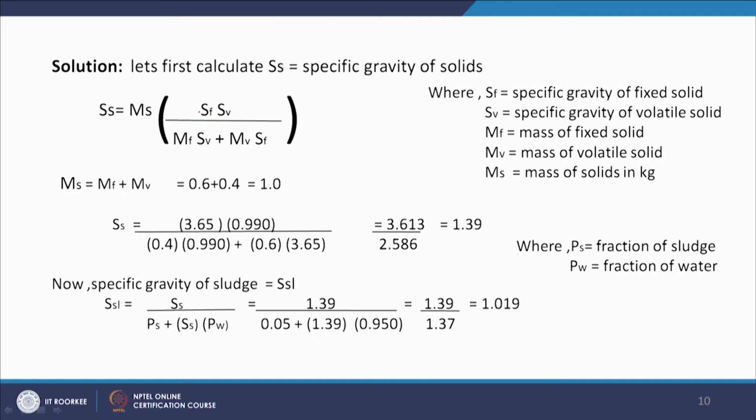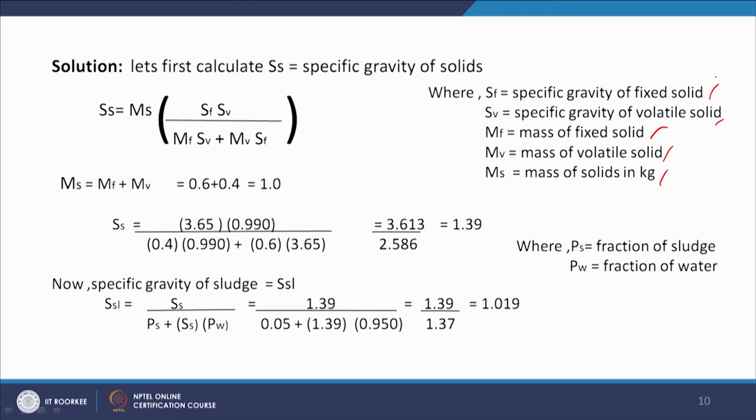So, now let us first calculate specific gravity of solids, the same formula we will be using. So, how can we get it? SS is equal to MS into SF SV by MF SV plus MV SF, where MF is the mass of fixed solid, MV is the mass of volatile solid, MS is the mass of solids, total solid, and SV is the specific gravity of volatile solids and SF is the specific gravity of fixed solids.